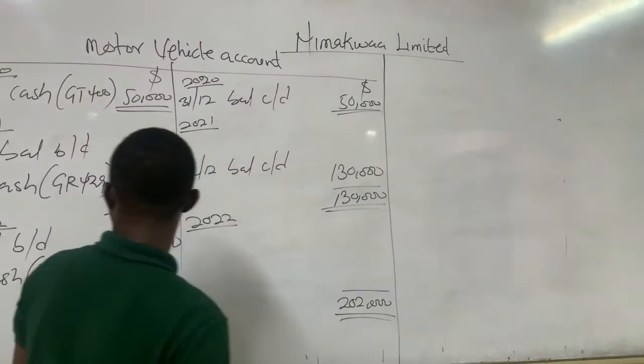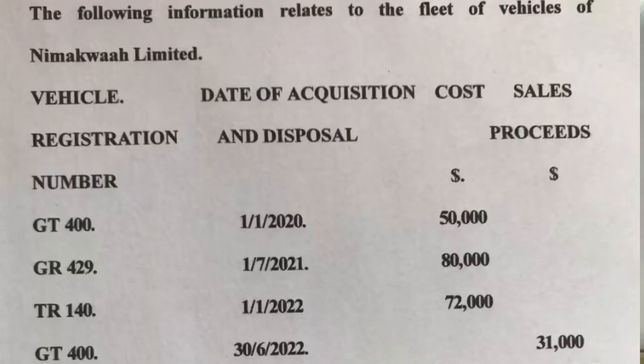That means the credit side will also be 202,000. But I want you to remember that on the 30th June 2022, we disposed of assets. Let me check from the question. We disposed of asset GT400 for an amount of 31,000.